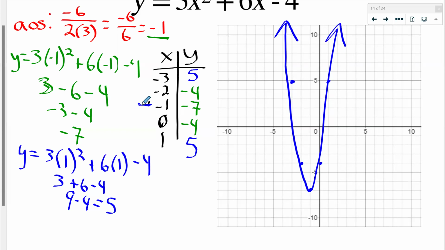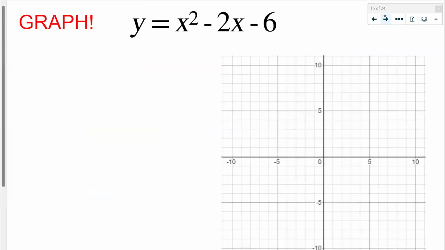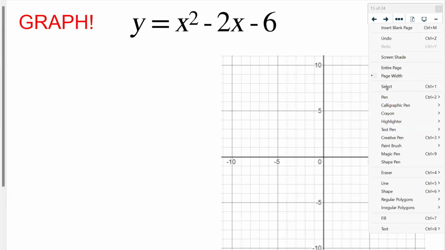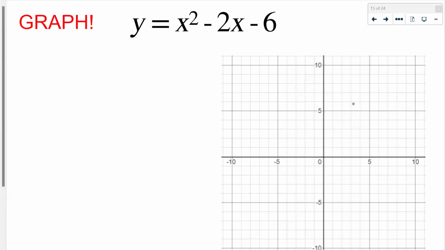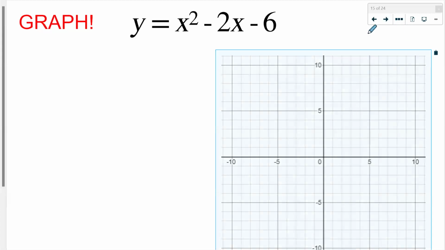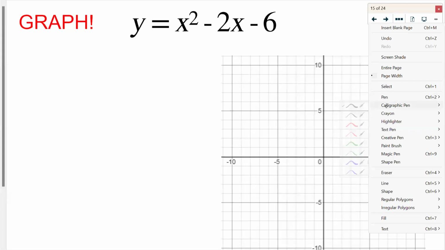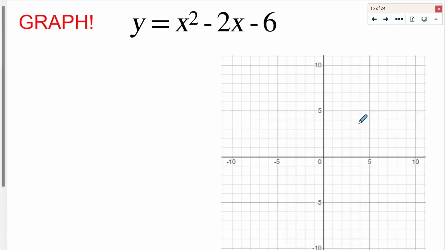So let's do another one together. We are going to graph y equals x squared minus 2x minus 6. Because we're graphing and we're in standard form, the first thing we're going to find is our AOS.